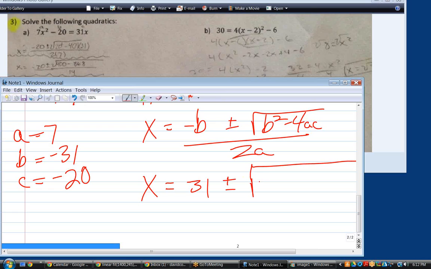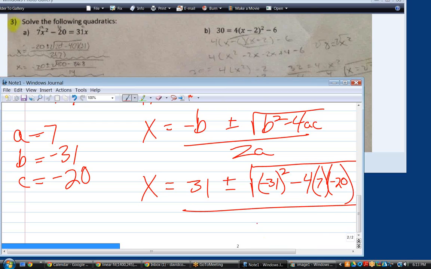Now, b squared is minus 31 squared. I have no idea what that number is. The best way to do this is to just plug in exactly like I'm doing here. Now, be very careful of this term right here.